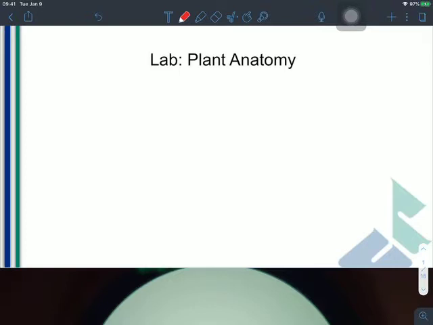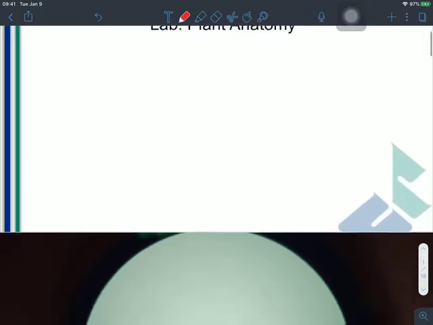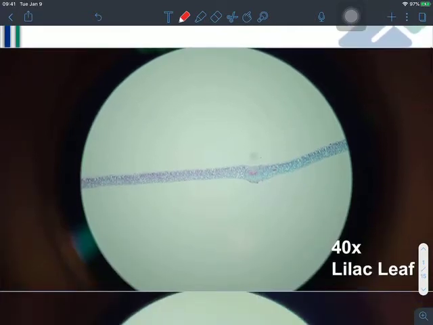So let's take a look at what this lilac leaf looks like underneath the microscope. To recreate what you should be doing in lab, whenever you're focusing the microscope, you always should start at 40x, the farthest away magnification. Here you see the lilac leaf furthest away.